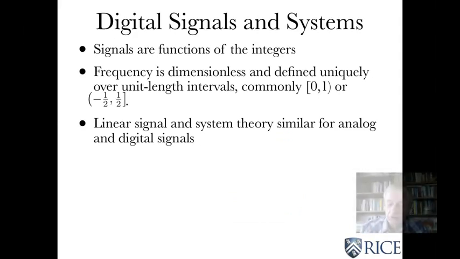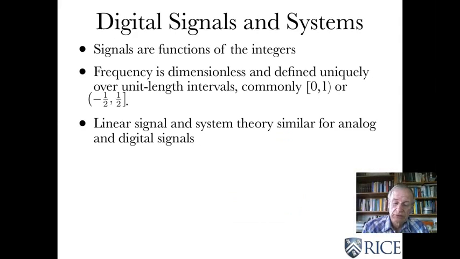So let's summarize the basics. Here, digital signals, discrete time signals, are functions of the integers. That has a very important consequence. We're talking about the complex exponential, things that are functions of frequency. Frequency is dimensionless and is only defined uniquely over unit length intervals.